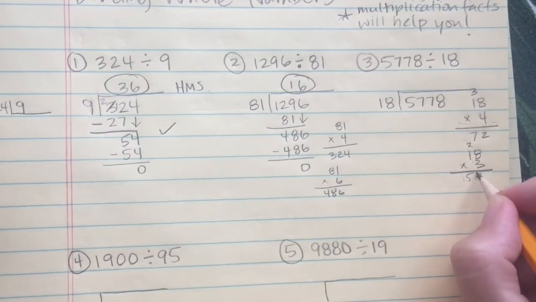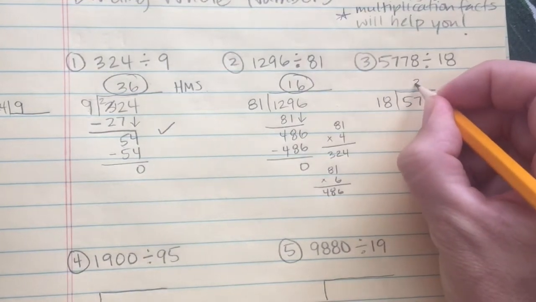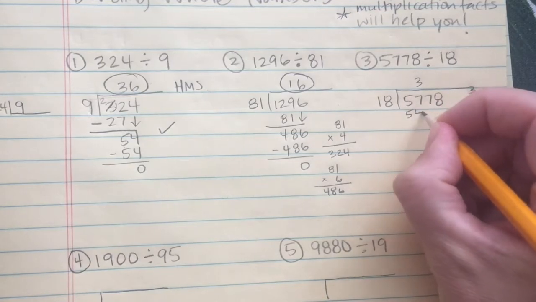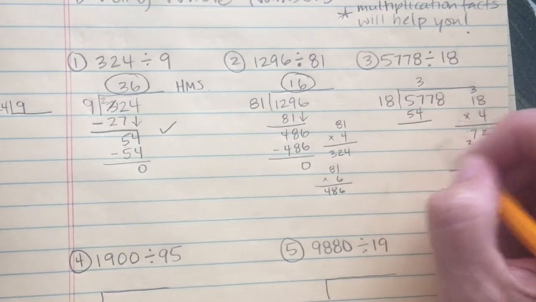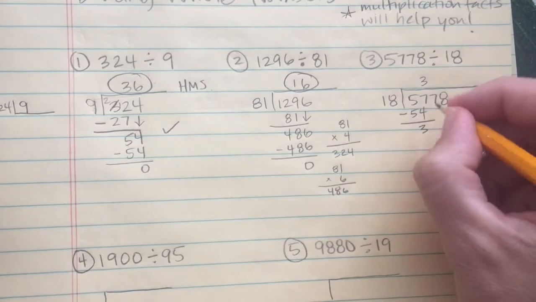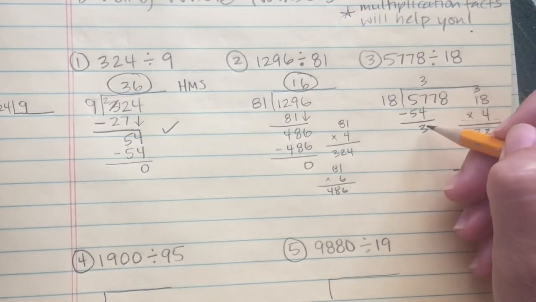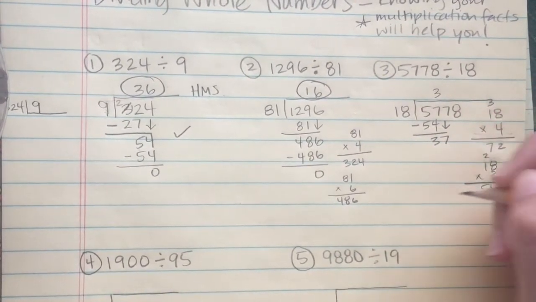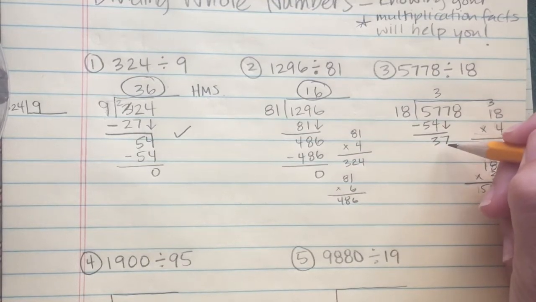There we go, 54. So 3 is going to go above the 7. 18 times 3 is 54. 57 minus 54 is 3. Okay, 18 can't go into 3, so we're going to bring down the 7. 18 can go into 37.